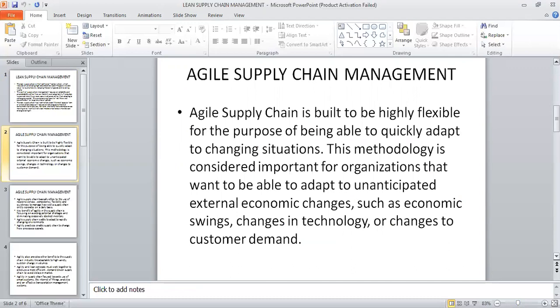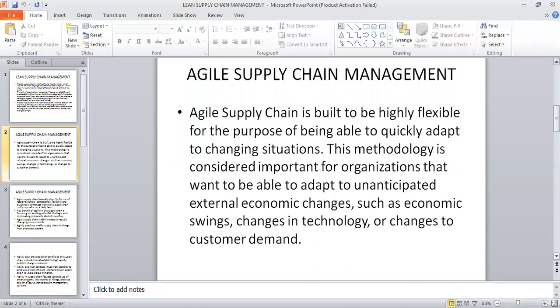So what is agility? Agile supply chain management is built to be highly flexible and highly adaptable, for the purpose of being able to quickly adapt to changing situations.